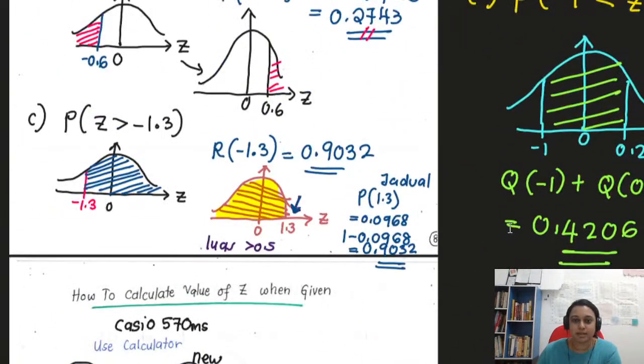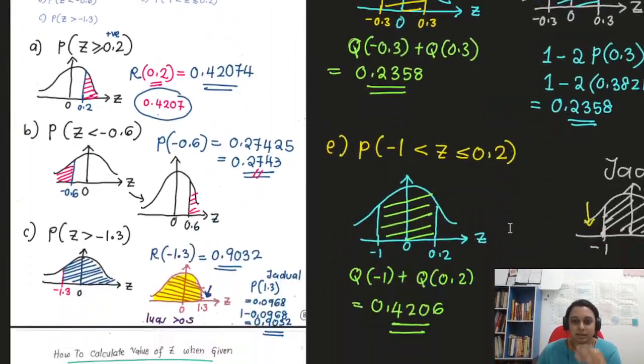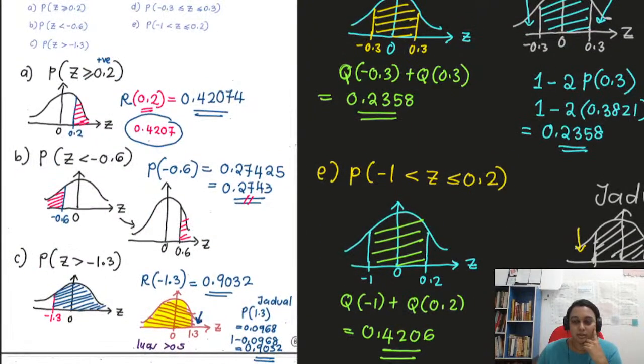Oh, do you want to copy the answer first? You can screenshot first. Did you go through the video again or not? If you can go through the video again, just this part only, I'm sure you'll be able to understand.